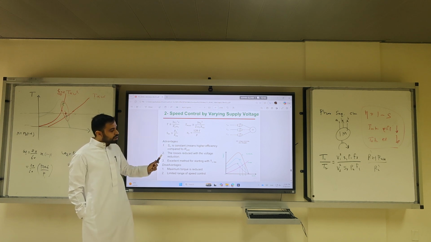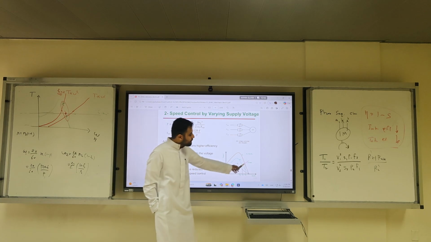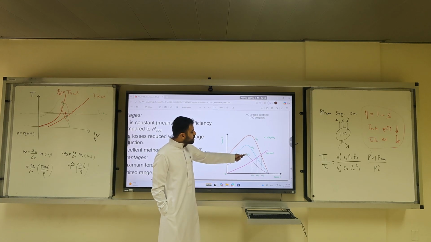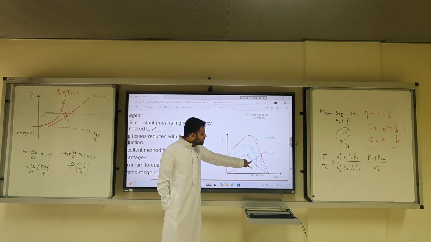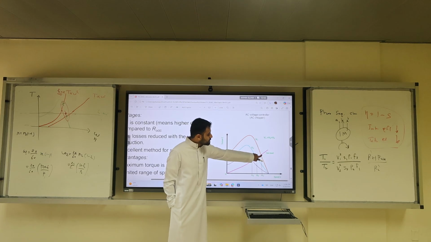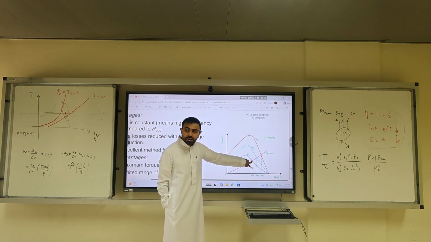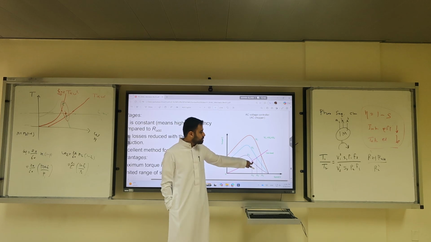What is happening here is you still have the fan load, which is omega square, but here I change V1, V2 and V3. What do you notice? The operating speed will change. At V1 we're operating here, at V2 here, at V3 here. Is there a problem? No, we still maintain the load.